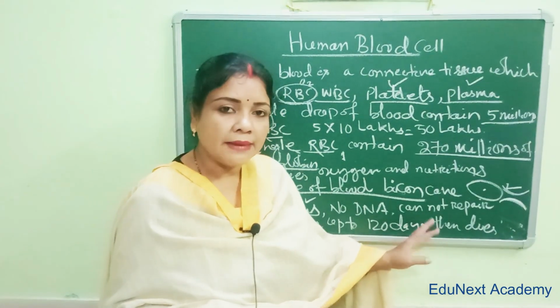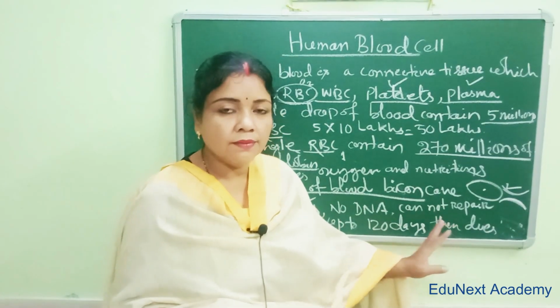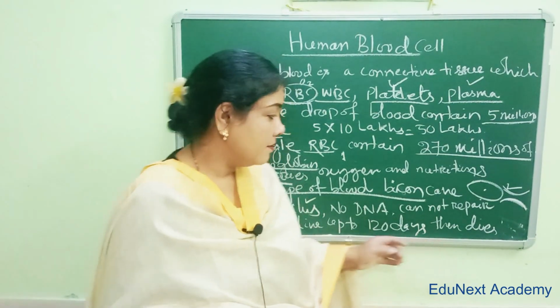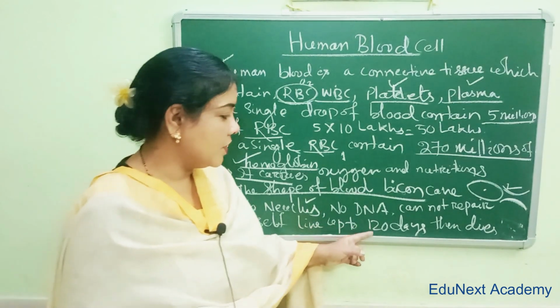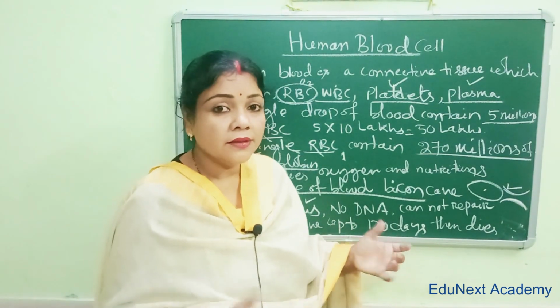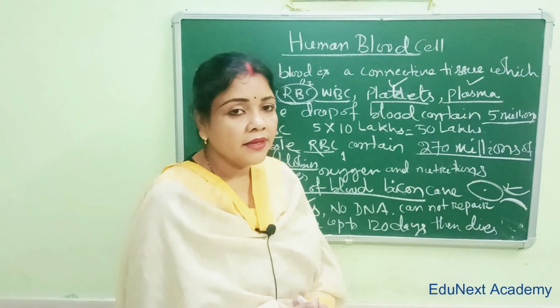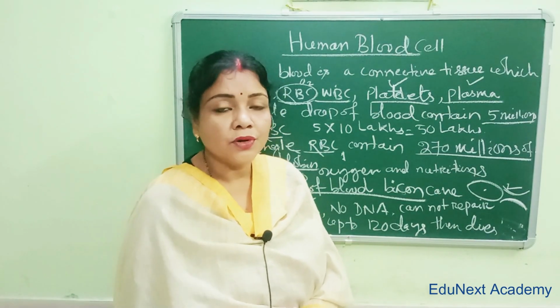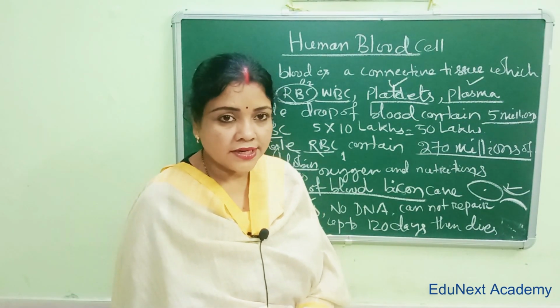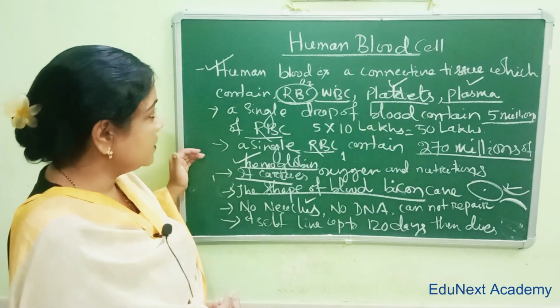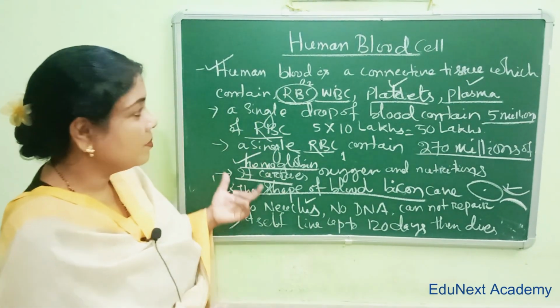Then gradually it gets damaged and is destroyed by the spleen of our body. After the death of a blood cell, new blood cells are generated from our bone marrow. So this is all about your blood composition.